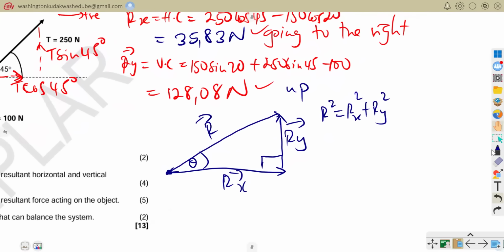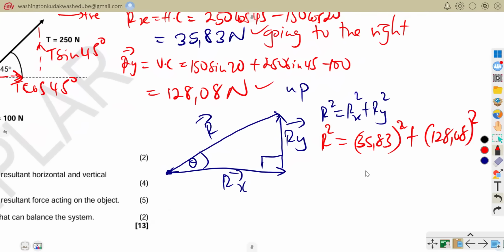Let's substitute our values. r squared would be equal to 35.83 squared plus 128.08 squared, and then we root everything. Let's punch in our calculators and find the resultant.